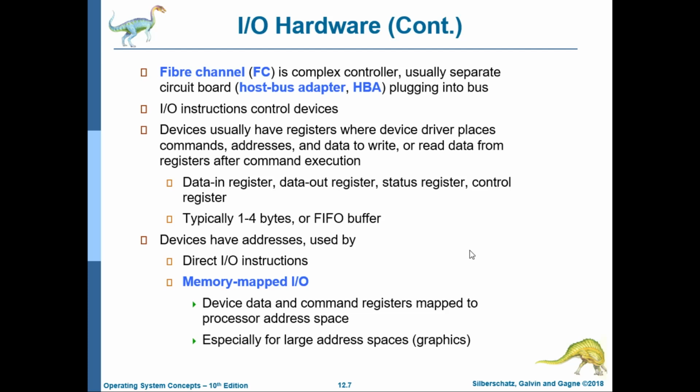So what is memory mapped I/O? Device data and command registers map to processor address space, especially for large address spaces, such as graphics, which uses a huge amount of data, so they are using memory mapped I/O.